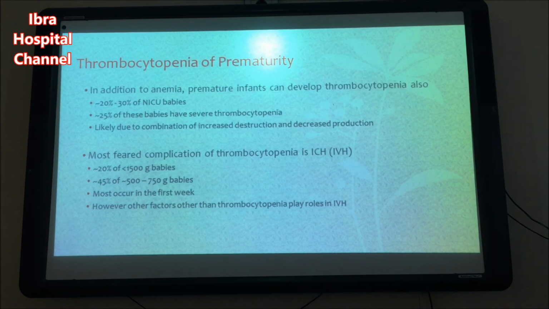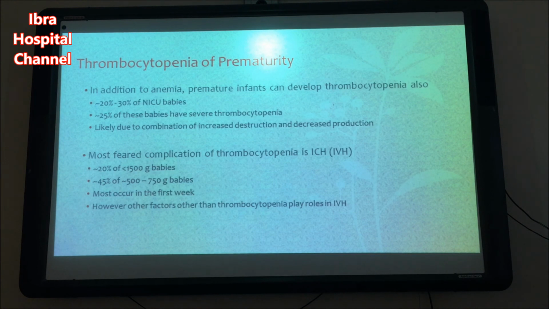Thrombocytopenia, and as I said, this is very important to discuss today, and there could be some confusion sometimes. Remember, in some situations and some diagnoses of thrombocytopenia, platelet transfusion is contraindicated. I can name for you ITP, immune thrombocytopenia, and TTP, thrombotic thrombocytopenic purpura, which can happen more in adults.